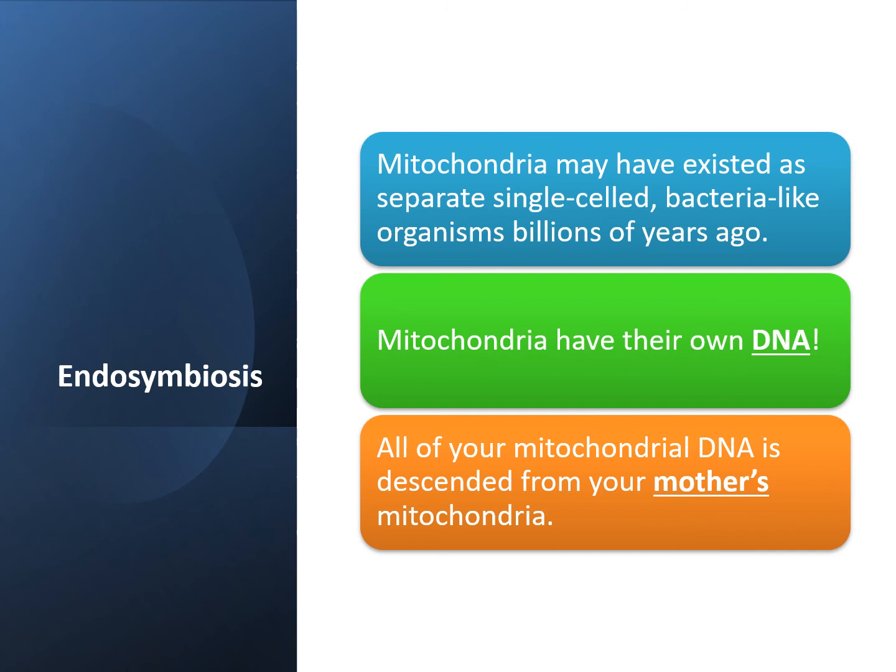As we learned in our earlier discussion of endosymbiosis, mitochondria may very well have existed billions of years ago as separate single-celled bacteria-like organisms. They are similar to bacteria in size and shape and may have originated when symbiotic bacteria took up permanent residence within other cells like those early eukaryotic cells.